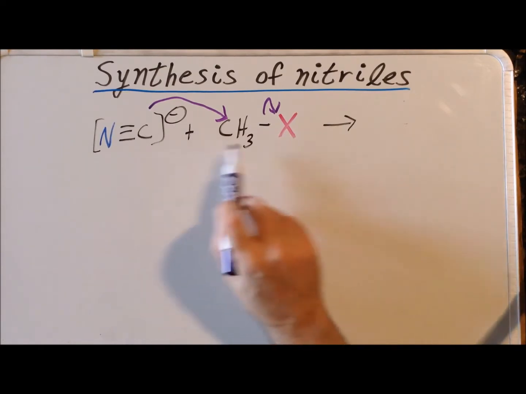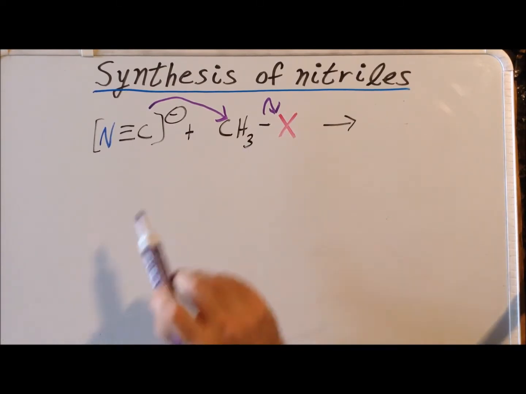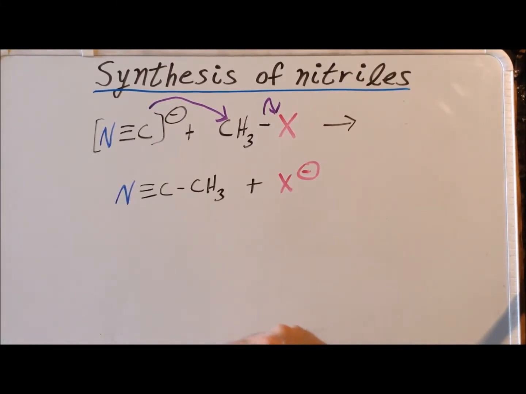And these encounters happen at the same time, so we end up with a 5-coordinate transition state. The result of the reaction is the formation of the nitrile and the leaving group leaving with a negative charge.